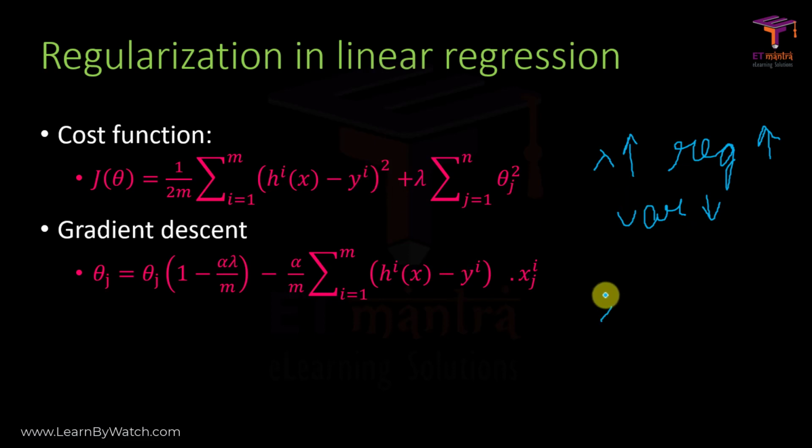But if we have lambda as 0, then it will be the same case as we were discussing in the previous presentations. So it would be the case of the normal linear regression. So we have seen how regularization can be used in linear regression.